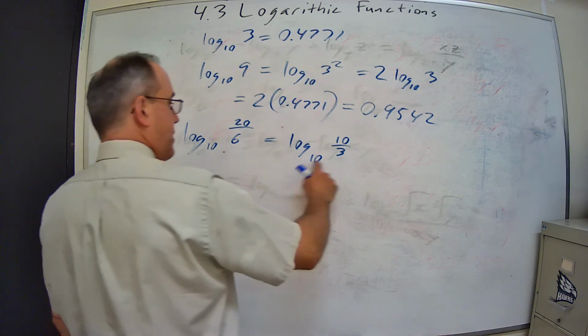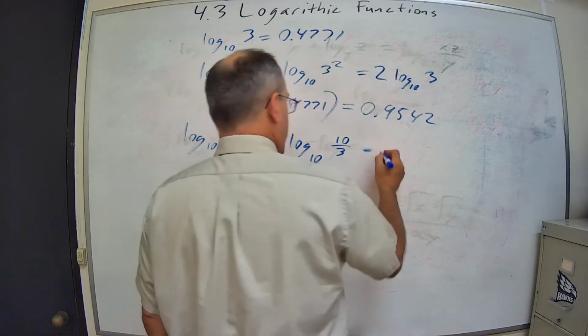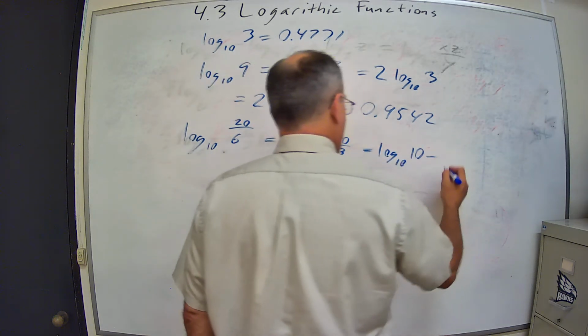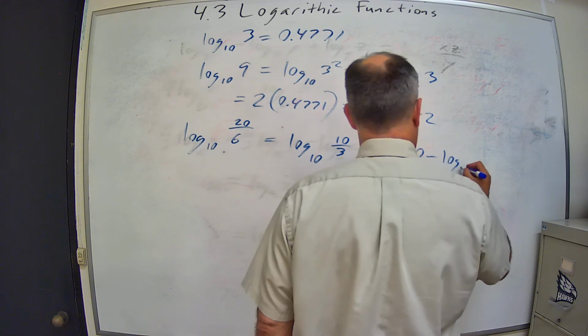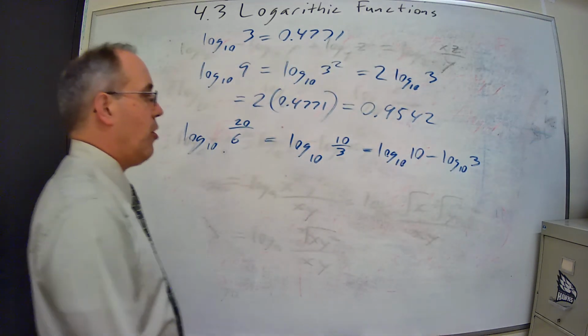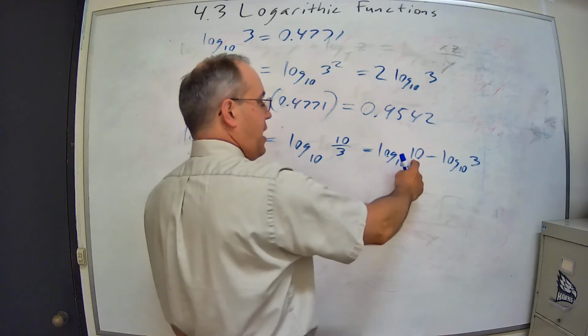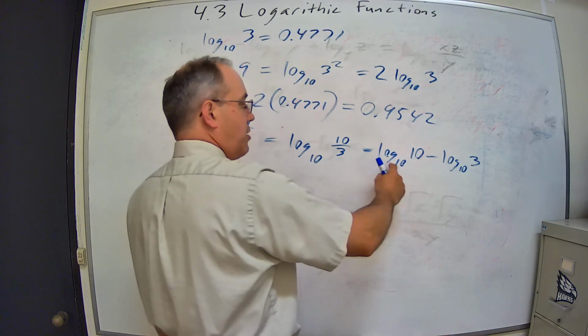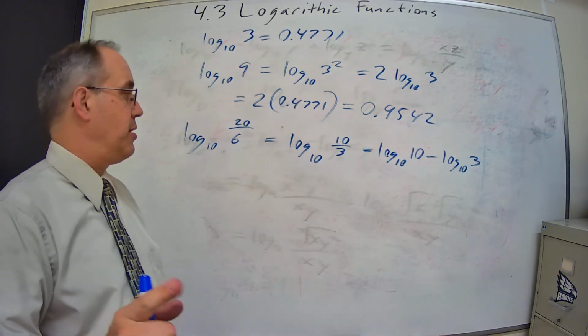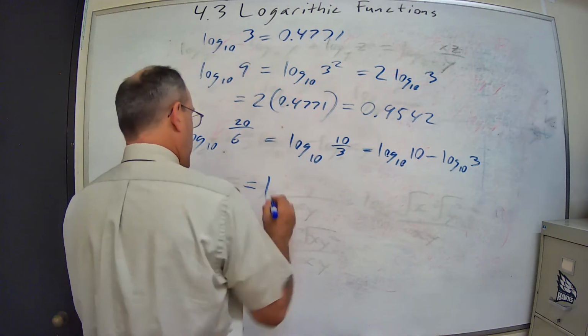And then I go, wait a second, that's a quotient. So that's the same as log base 10 of 10 minus log base 10 of 3. Oh wait, log base 10 of 10, if we have log base a of a, that is 1. So that's equal to 1.